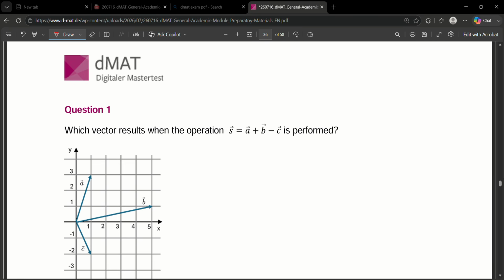If you have to solve this question in 75 seconds, how are you going to solve this? What is A vector here? That you have to find first. What is B vector here? That you have to find. What is C vector? A vector is basically this.